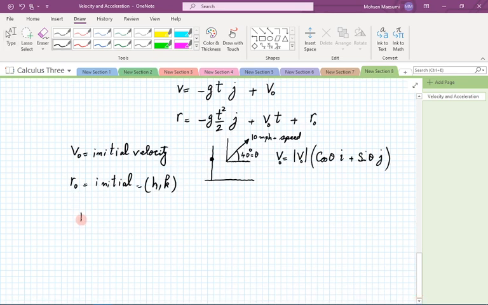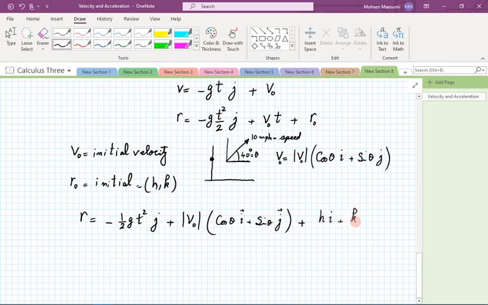So all in all, r becomes minus 1/2 g t squared j plus the initial speed times the angle at which you throw it. You take a cosine times i and sine times j, these are i and j, and then we have some initial position as well. If you want to write it in this notation, it's going to be hi plus kj.